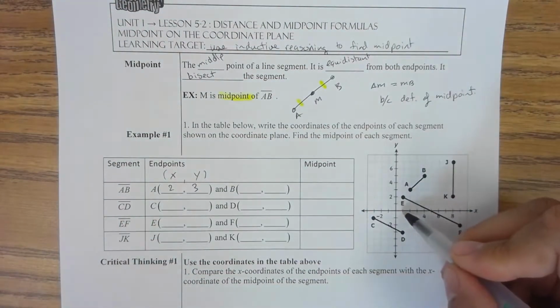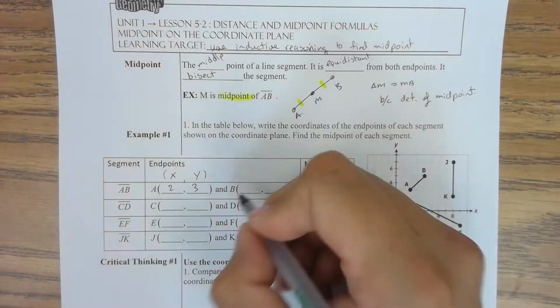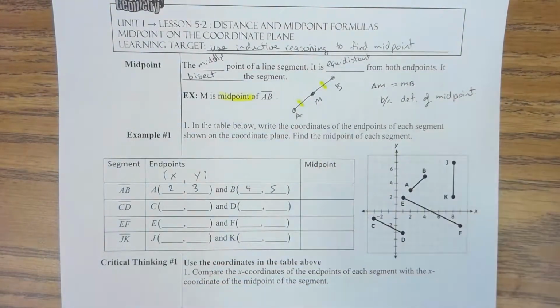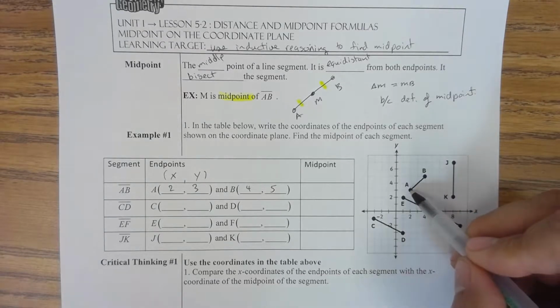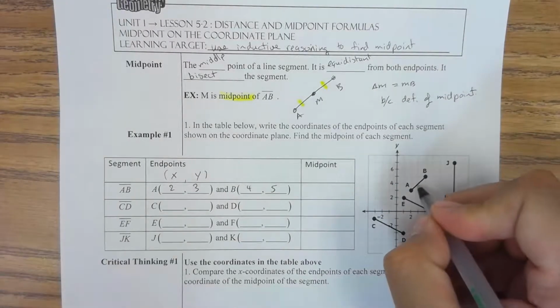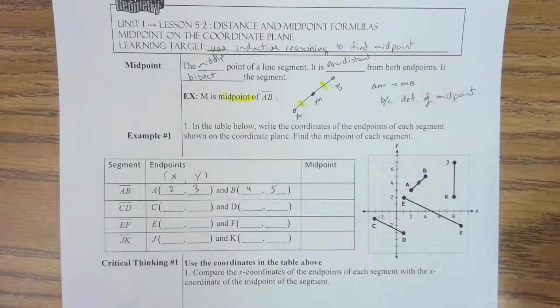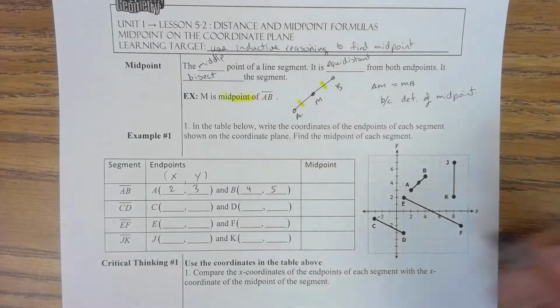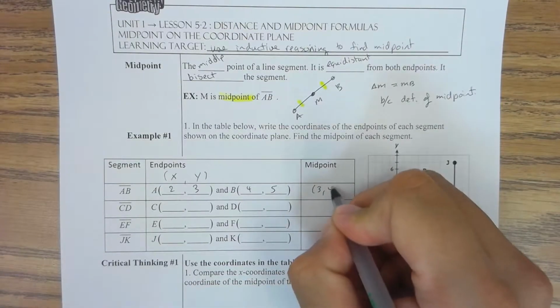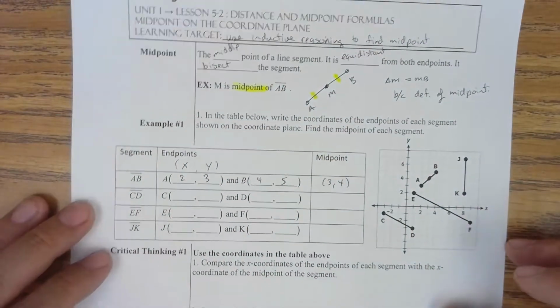For B is 4, 5. And they ask you to find the midpoint too. So right here in the middle, that one would be 3, 4. So that's the midpoint right there.